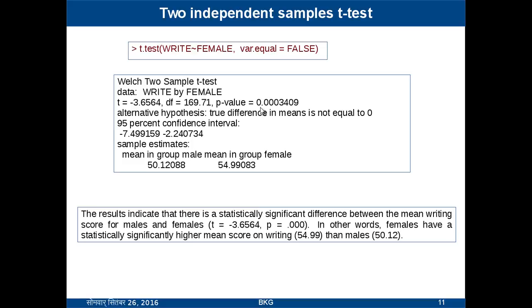So our null hypothesis that the true difference in means is equal to 0 is rejected in favor of the alternative, that is, the true difference in means is not equal to 0. So the result indicates clearly that there is a statistically significant difference between the mean writing score for males and females.